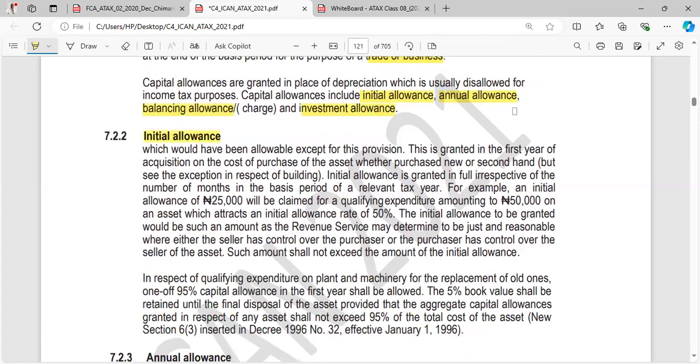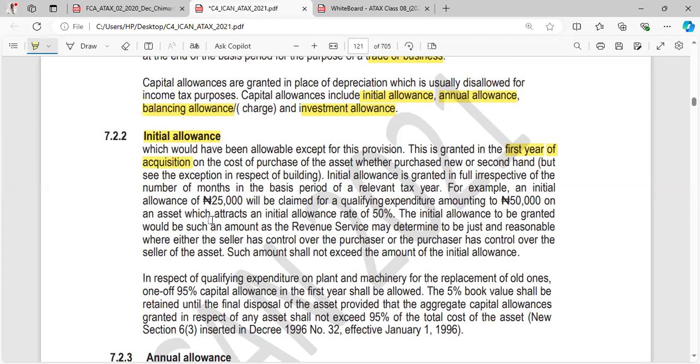When we say initial, what is initial? Initial means the beginning, the first. So this is the capital allowance that is granted in the first year. Underline the words here: first year of the acquisition, on the cost of purchase of the assets, whether purchased new or second hand.